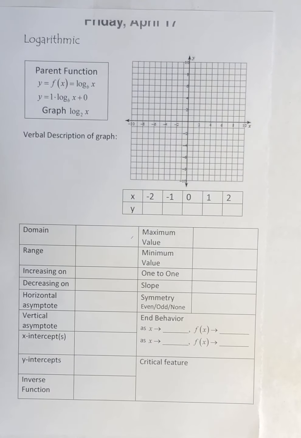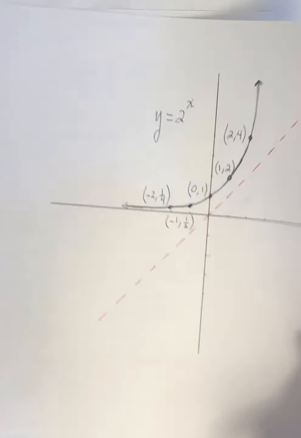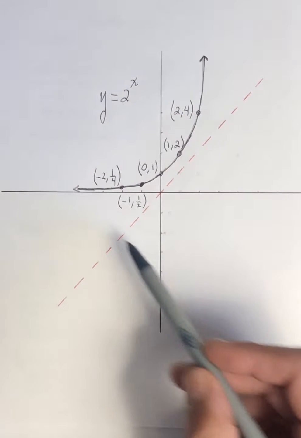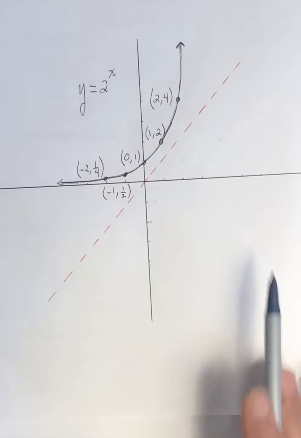So I want to start by constructing the graph of a logarithmic function with the idea that I know that the graph of an inverse of a function is the reflection of the function's graph over the line y is equal to x.